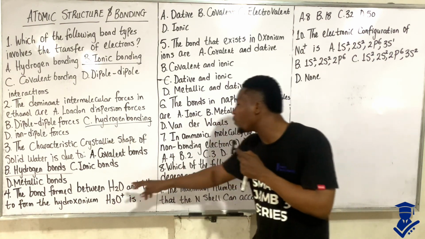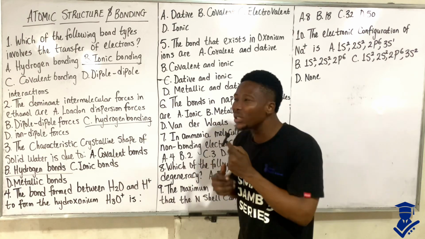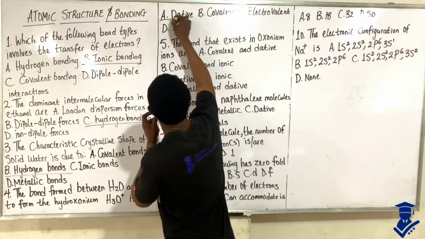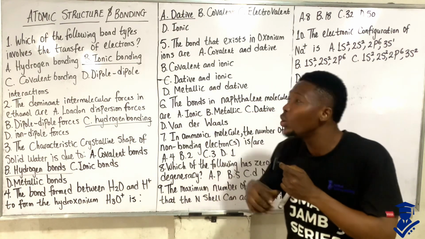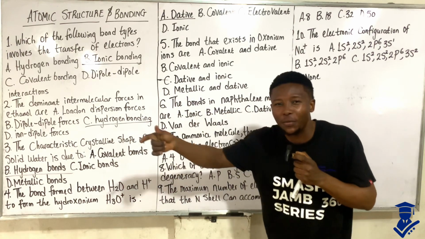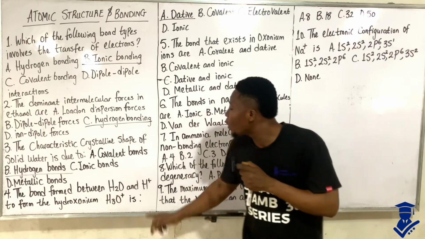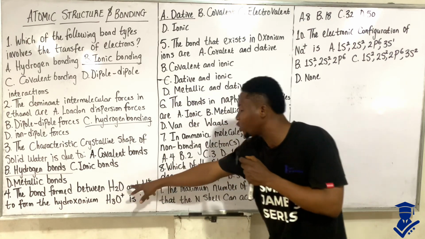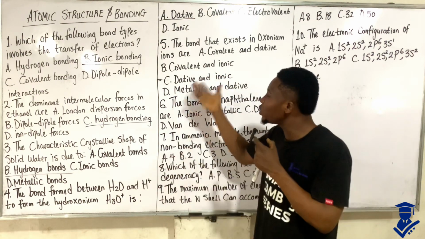Now the bond formed between H2O and H plus is dative or coordinate bonding, where they share electrons. So because they share electrons, the bond between them is a dative bond. Now let's go to the next question.